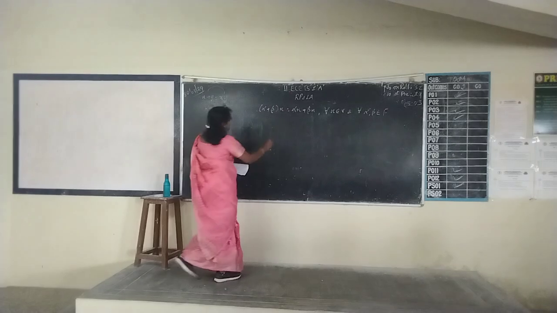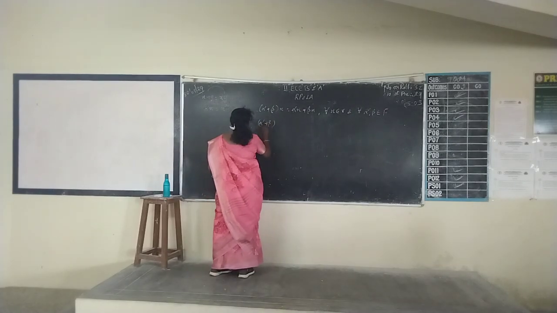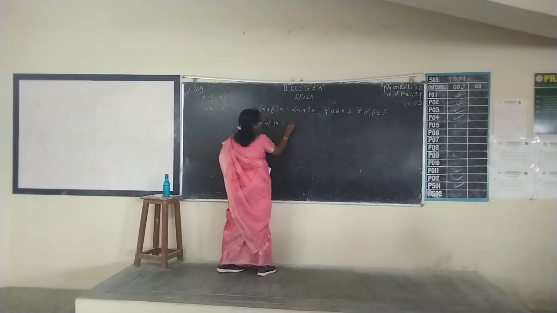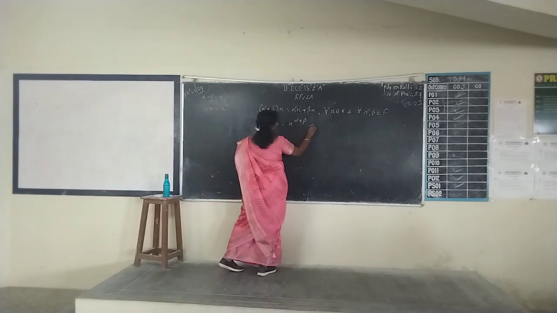Start with your LHS. Alpha plus beta into x can be written as x power alpha plus beta. Take this as equation number 1.